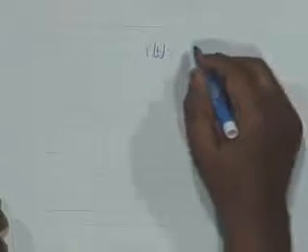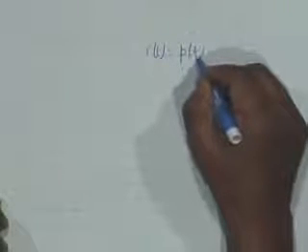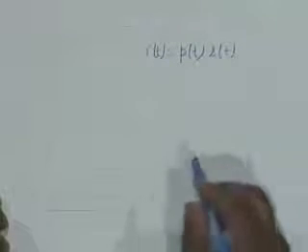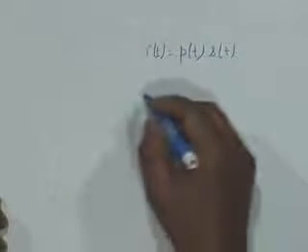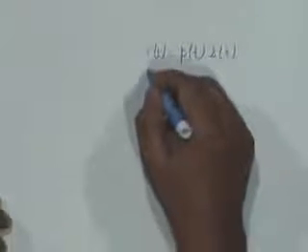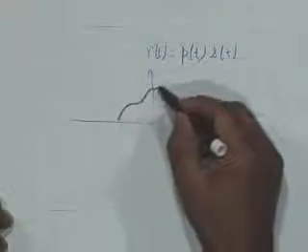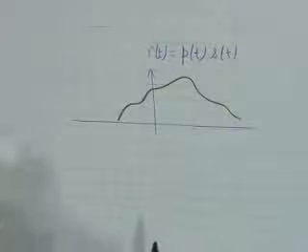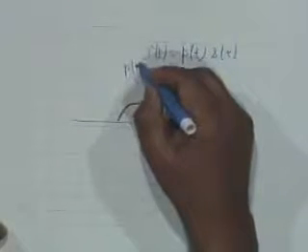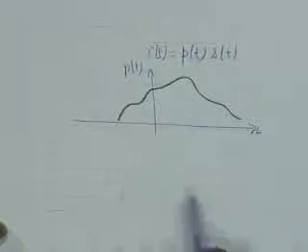R of t equal to P of t S of t. And suppose my S of t, the signal, is some arbitrary signal like this. This is my P of t versus t, all right.